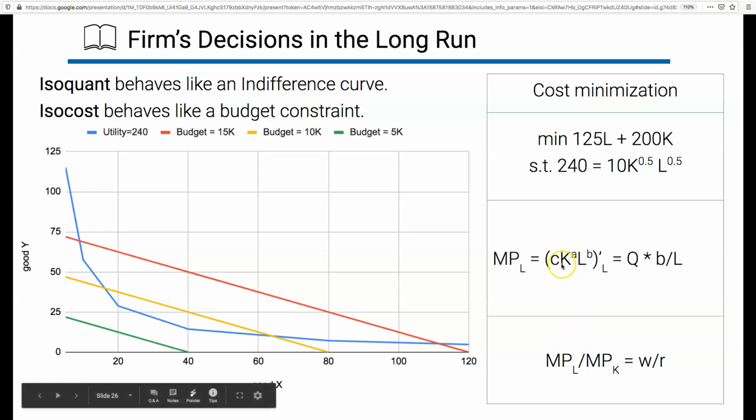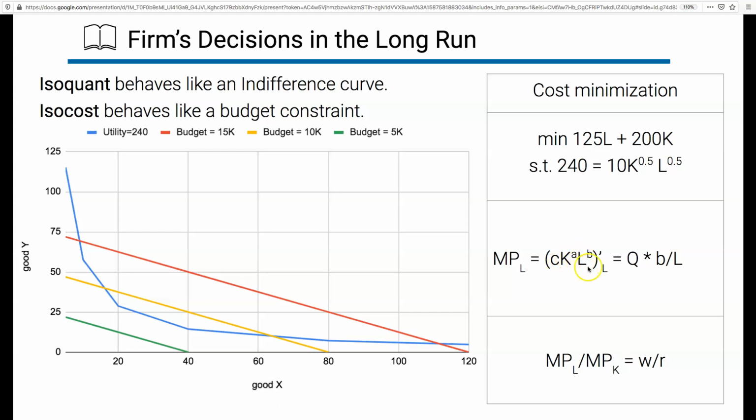We have a production function C times capital raised to the power A times labor raised to the power B. And marginal product of labor is just an expression that tells you how much the output changes if you vary labor slightly. So in math terms, marginal product of labor is a partial derivative of the production function with respect to labor.